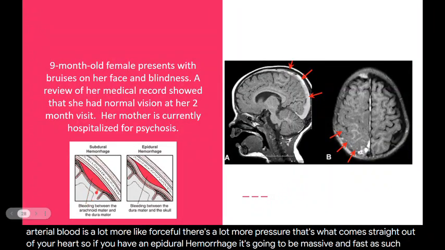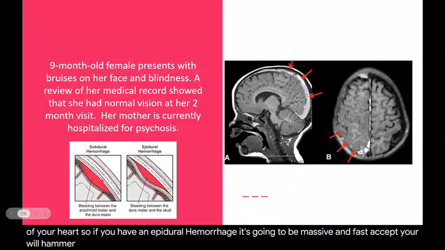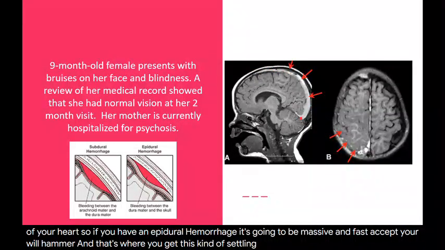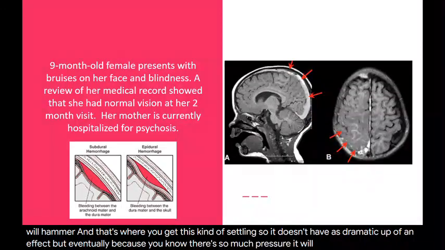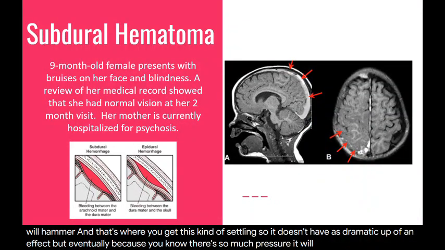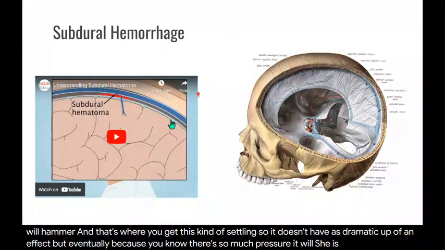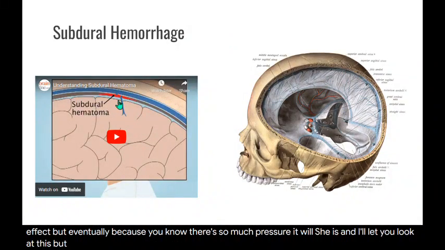A subdural hemorrhage can kind of ooze for a while, and that's where you get this kind of settling. So it doesn't have as dramatic of an effect, but eventually, because there's so much pressure, it will cause issues. And I'll let you look at this, but here you can just see how this vein has sheared.